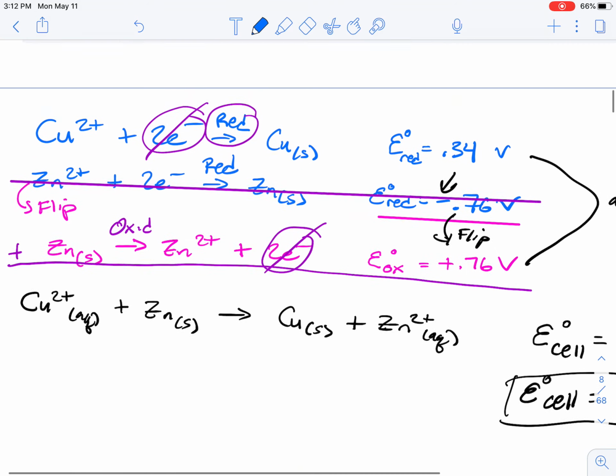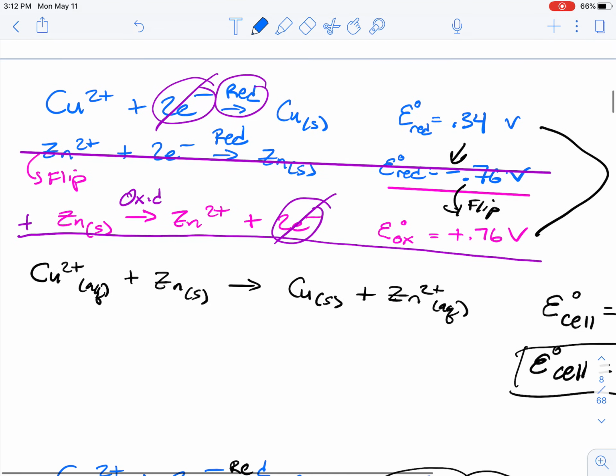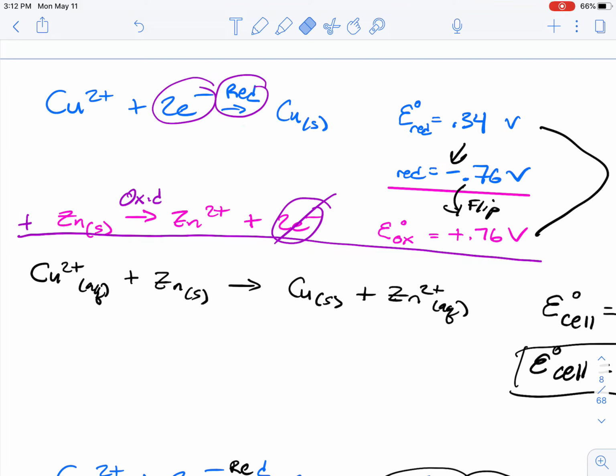And so we're going to go ahead and apply that same concept to this copper and zinc. For now, I'm just going to go ahead and erase all of this, so that way it's not too busy.